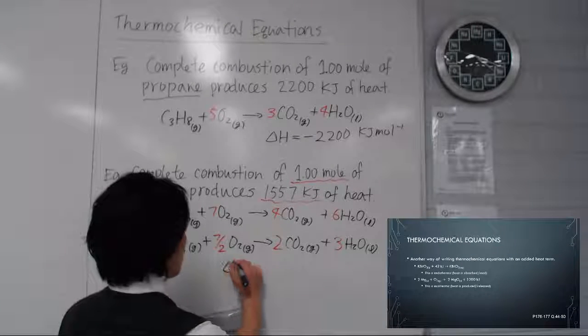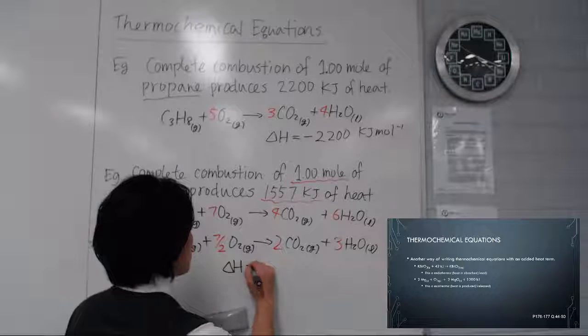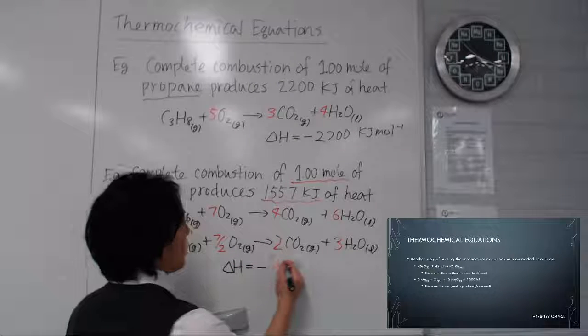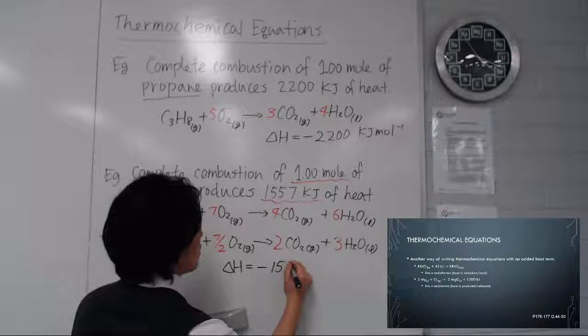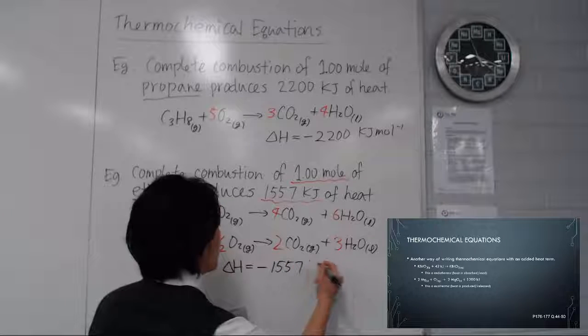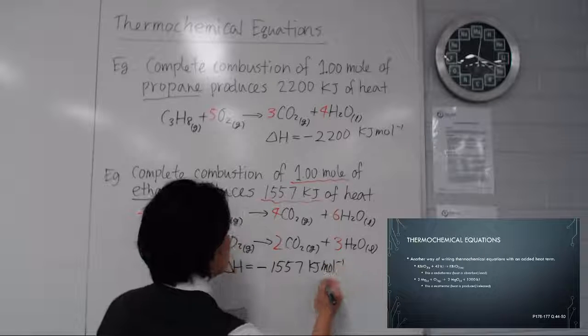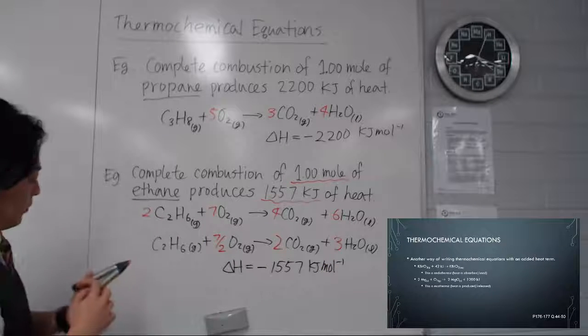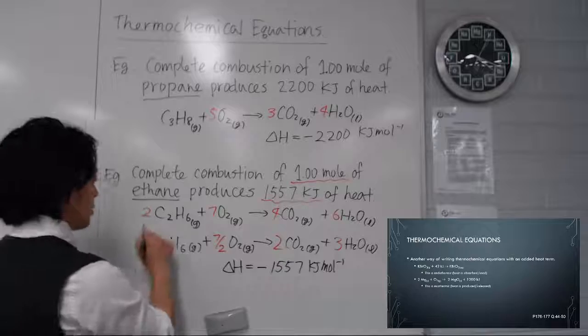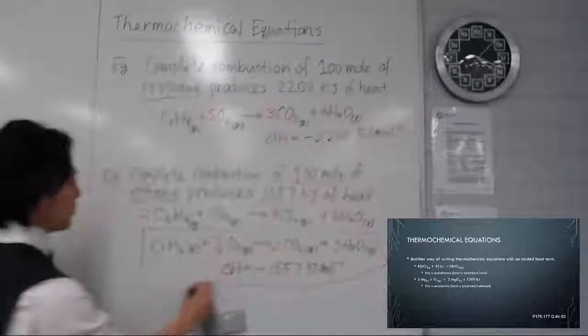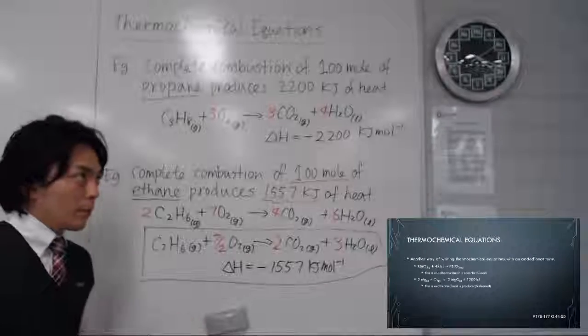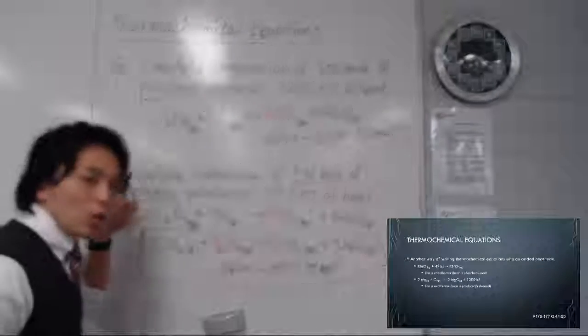You actually have to have delta H equal to negative, because heat is released, 1557. So that would be the whole complete thermochemical equation for ethane's complete combustion.